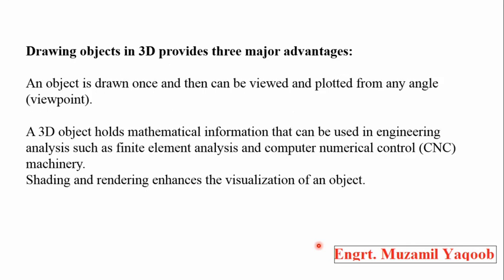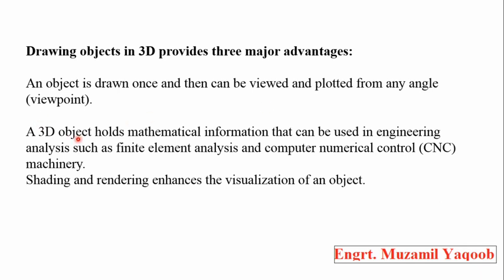Now let's discuss the advantages of drawing objects in 3D. The first and main advantage is that once you draw it, it can be viewed and plotted from any angle, which is called the viewpoint.